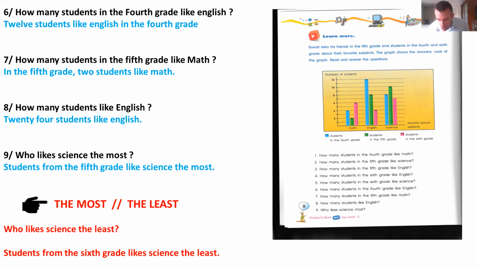Science, so third, and the least, so the pink color. Okay, so the pink color is the sixth grade. So students from the sixth grade like science the least. Okay, so you have the most, the least. I give you that, just a little bonus.